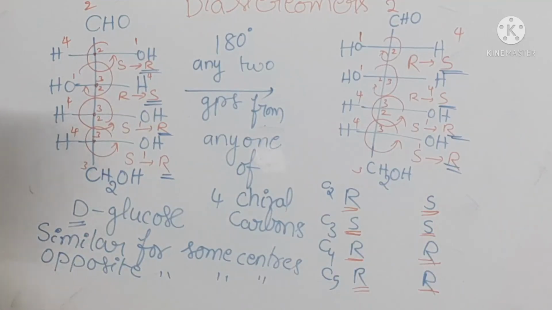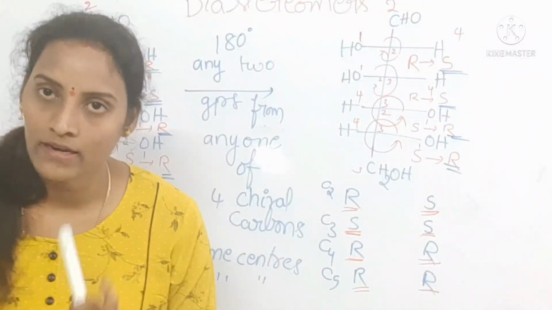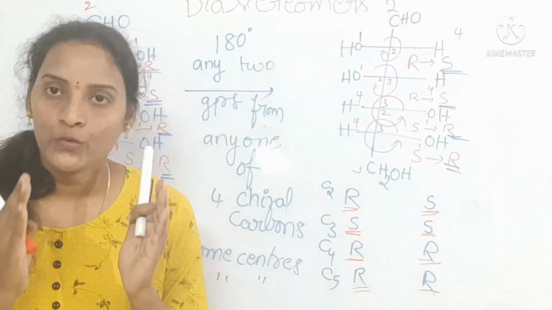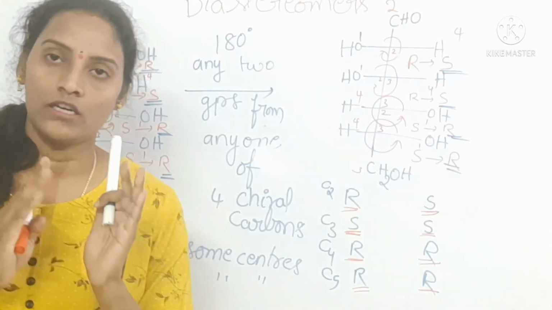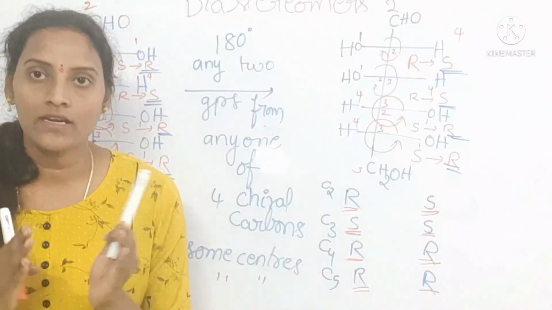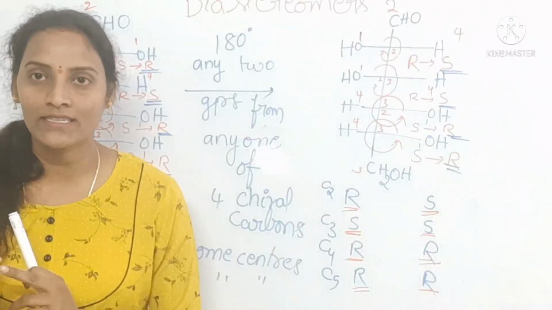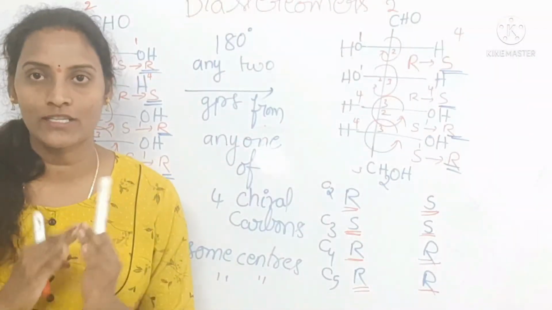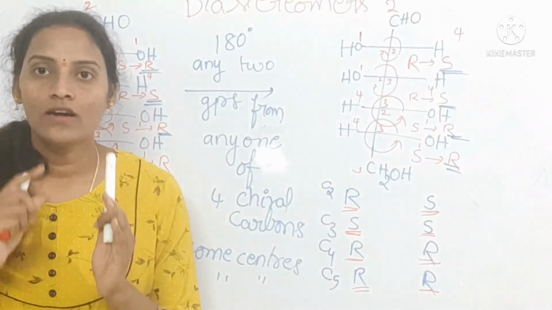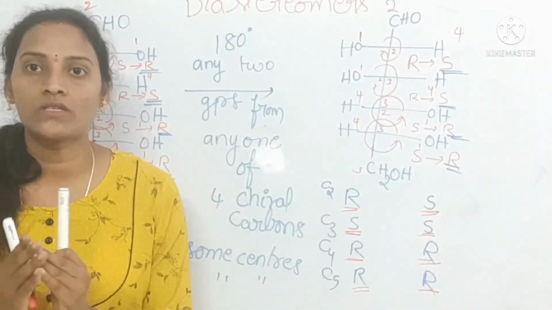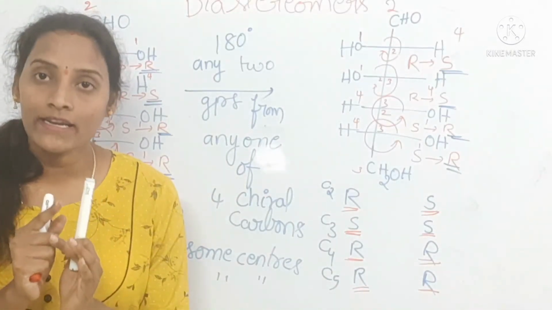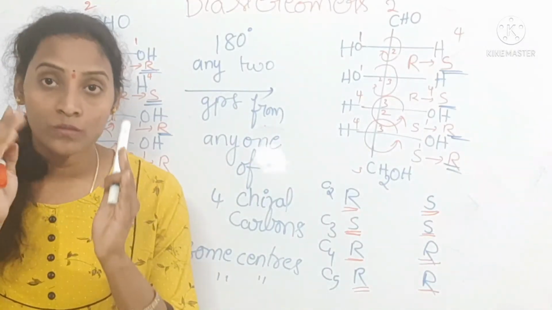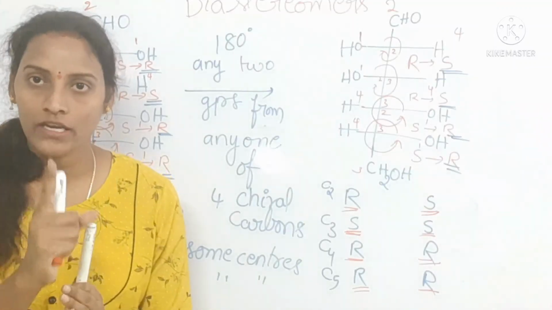While rotating, if a single chiral center is there, while rotating 180 degrees, any two groups, either vertical or horizontal, you will get the enantiomer of that isomer. In the same way, the compound needs to possess a single chiral center.